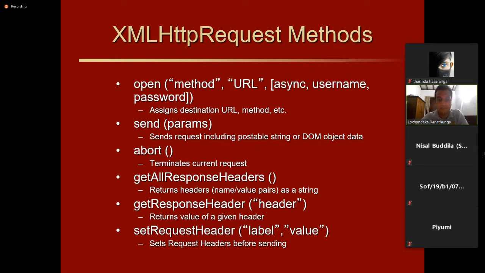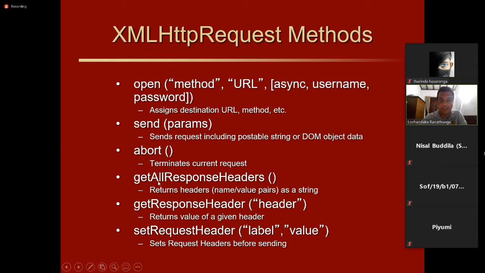And the send parameter we leave blank if you are not going to send anything, and if you want to send some data, you can put that data here and send it. Still, we have not worked with the server-side script, how to communicate with the server-side script behind the scenes.